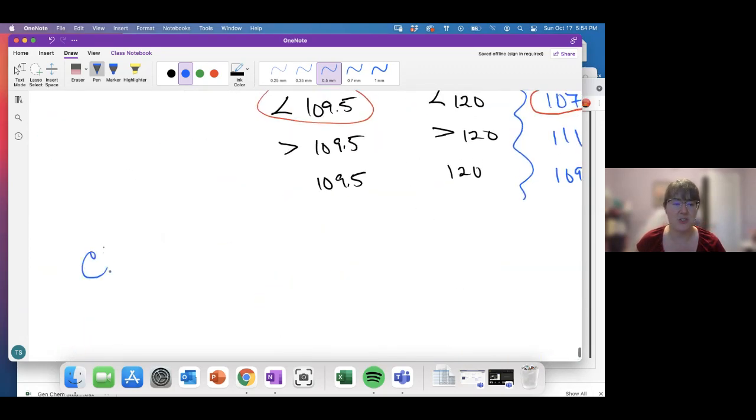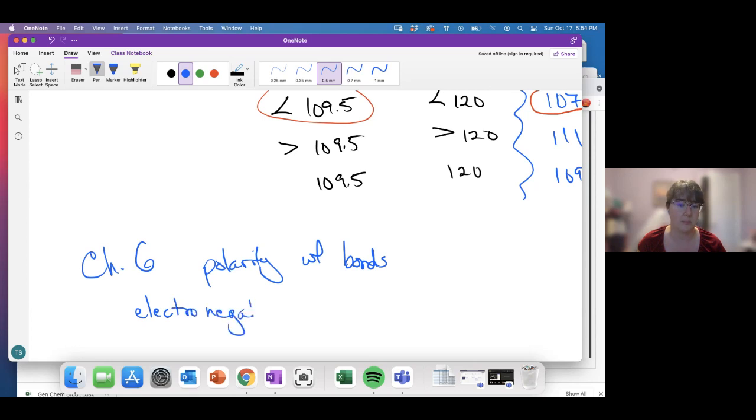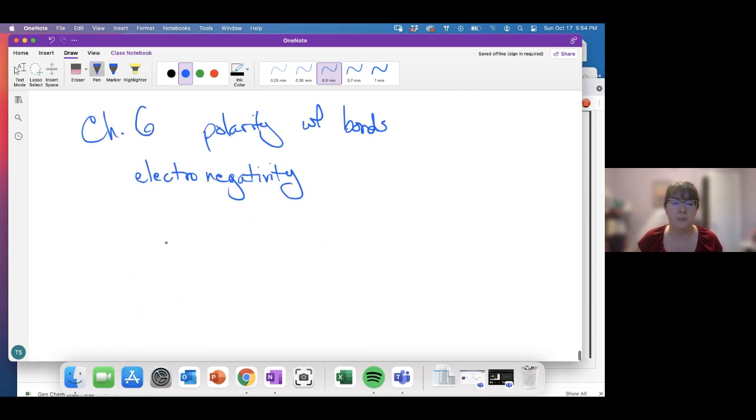In chapter 6, y'all were introduced to the concept of polarity, and we did polarity with bonds. When we did polarity with bonds, what we used, and what we're going to use again, is electronegativity. Essentially, the bigger the difference in electronegativity, the more polar the bond.